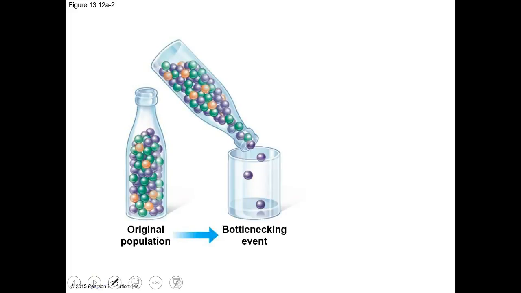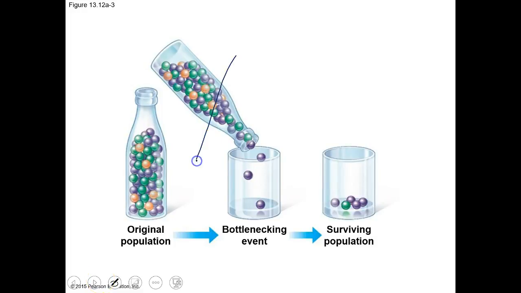Whenever we have this kind of catastrophic event, basically what it means is there's a hurricane, all of these die, it's great sadness in the universe. Okay, so all of those end up dying. It's very sad and tragic. Well, now our surviving population doesn't look anything like our original population. We actually have far more purple marbles than we had in our original population.